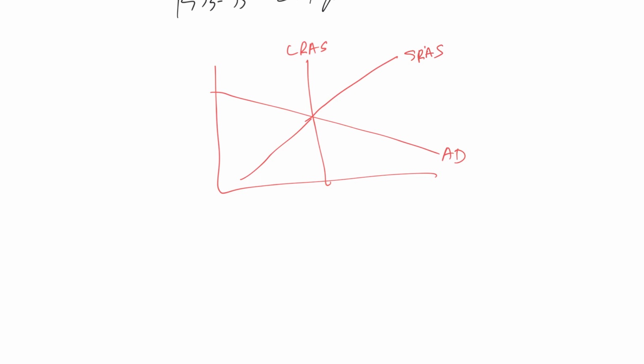So what that does is send oil prices down. And again, since oil is such an important input into our economy, that sends the short-run aggregate supply curve down. And so what we've got there is a decreasing price level and an economic boom.